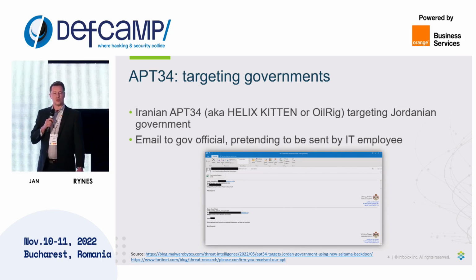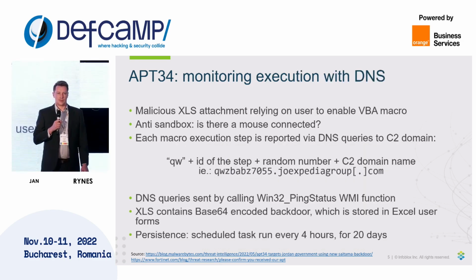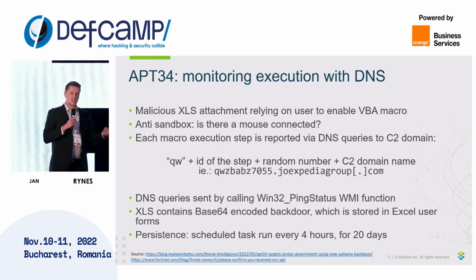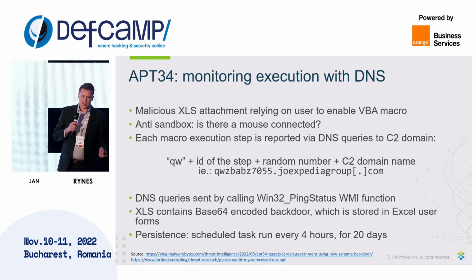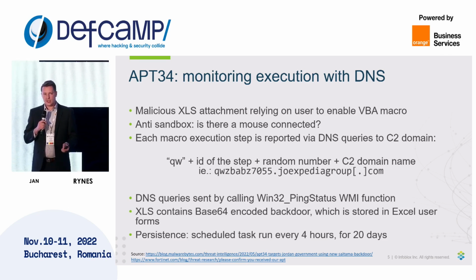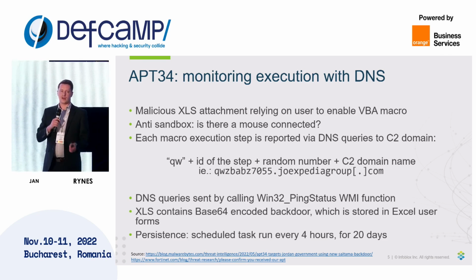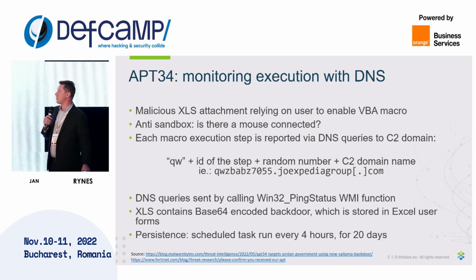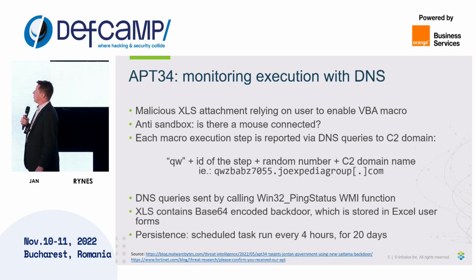What's inside the Excel sheet? The Excel sheet was relying on the person who received that email to allow the macros. Not necessarily with every single attack that you might see, but in this particular case, they relied on that. But that's not that uncommon in big organizations, that there are macros being used. So they relied on macros.